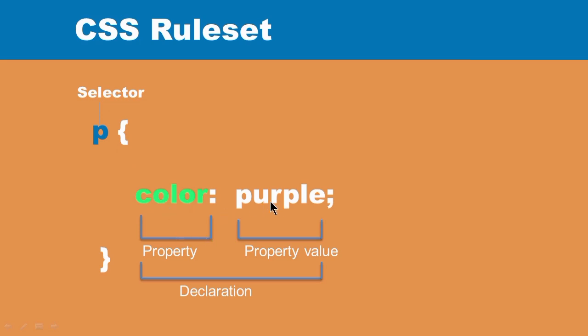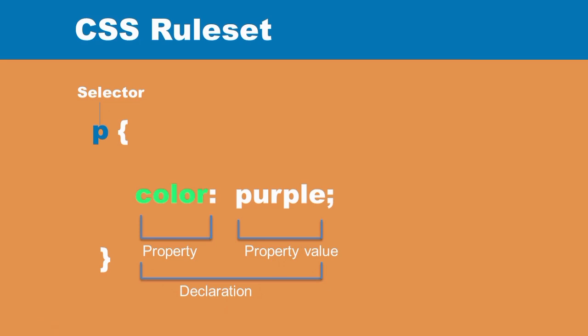That's how you do it, and when you finish, you have to end it with a semicolon. The semicolon is very important because it tells the CSS rule set that this is the end of this declaration. So the entire thing here, from the color property to the property value, is called a declaration. These are the various parts of a CSS rule set.